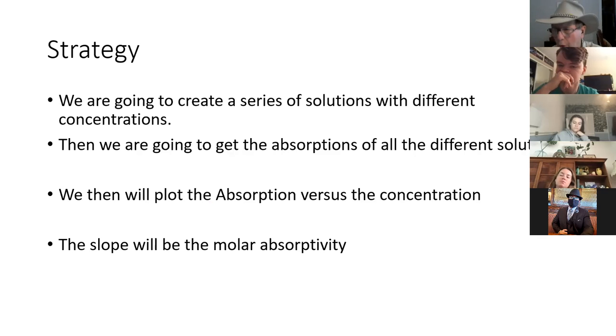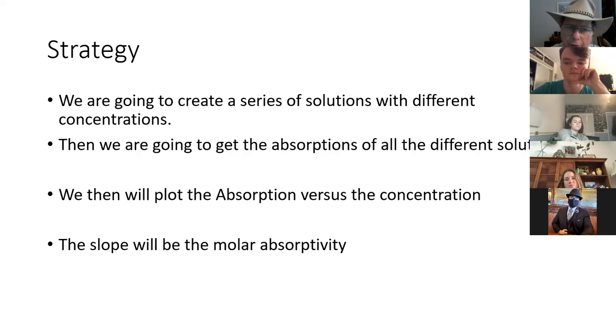So basically, our strategy for this lab: we are going to make a series of solutions with different concentrations. Then we're going to put all of these different concentrated solutions into our instrument and get the absorbances for all 4 of these. Then we're going to graph the absorbance versus the concentration and get the slope.